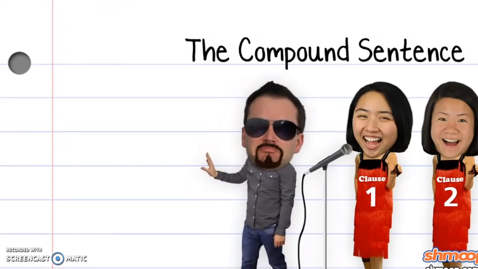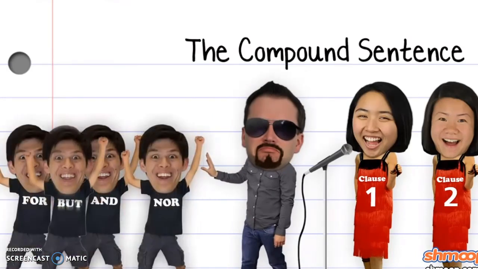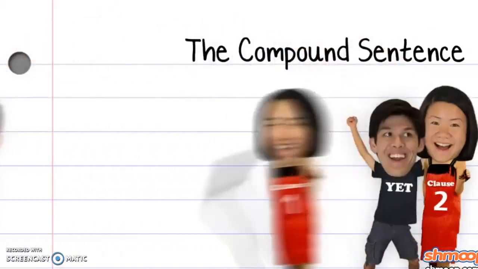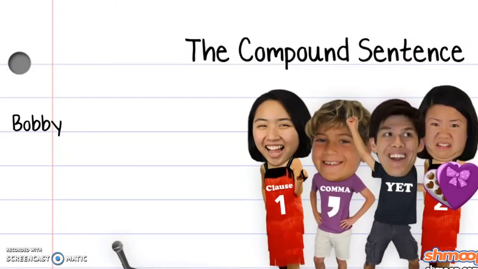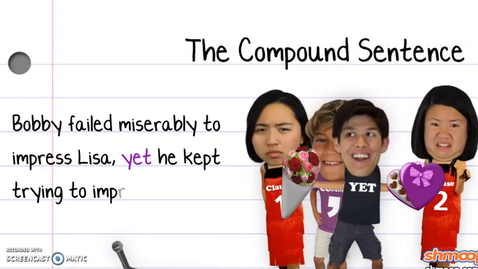Alright, let him in. And by fanboys, we mean for, and, nor, but, or, yet, and so. These fanboys are just dying to get between 2 independent clauses, usually preceded by a comma. For example, Bobby failed miserably to impress Lisa, yet he kept trying to impress Megan too. Aw, heck no.